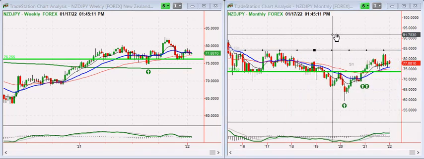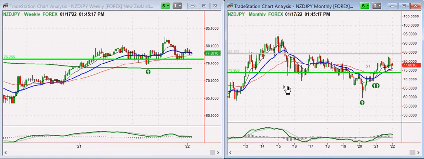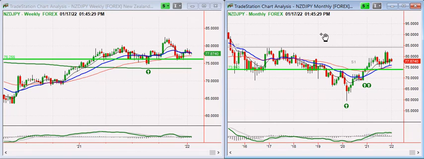So again, this acts as a magnet, pull and push through, and then obviously this is the most important level. So bullishness of the Kiwi against the yen.